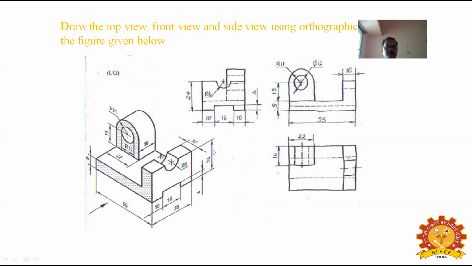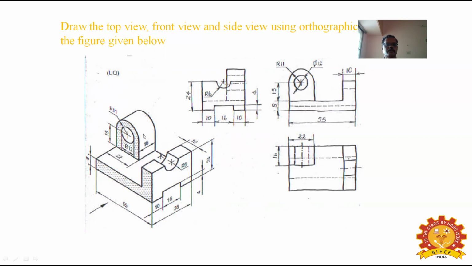The thickness on one side is given as 8 mm, and the other side is given as 24. So when viewing from the top, first you draw the overall rectangle, 55 by 36.